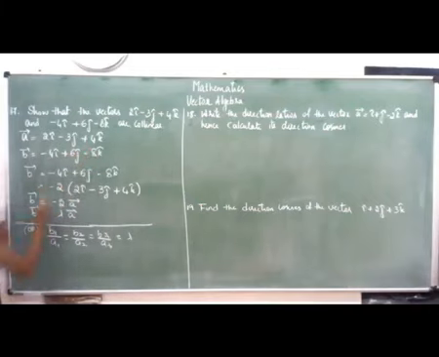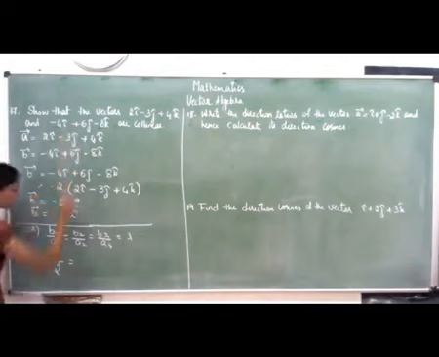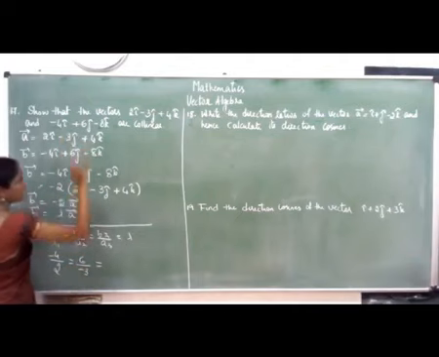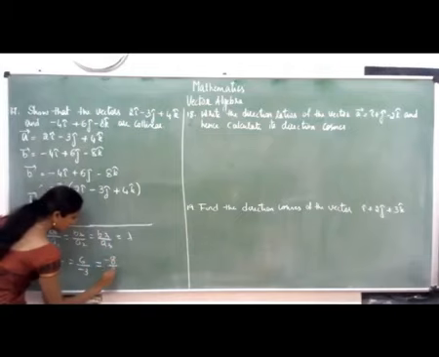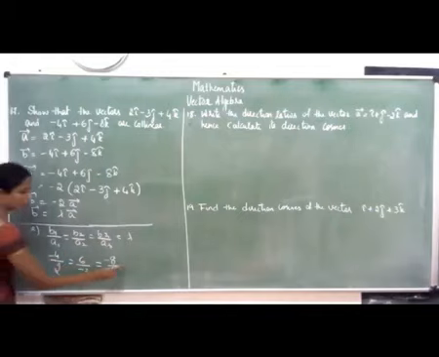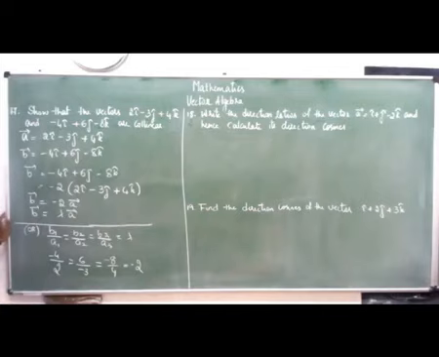So B1 by A1 is minus 4 divided by 2. Next, B2 by A2 is 6 by minus 3, which is equal to B3 by A3, minus 8 by 4. If you simplify, everything will be equal to minus 2, where minus 2 is again your lambda.